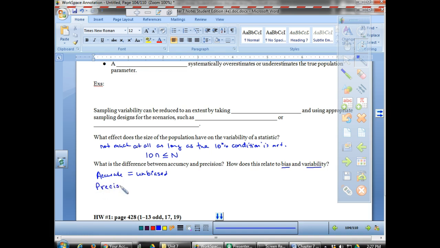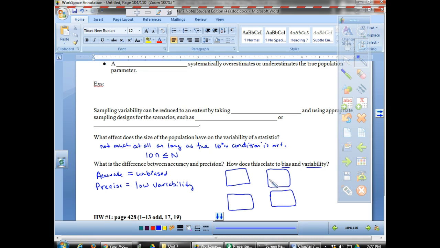Precise is addressing a different thing. Precision is like low variability. Okay, so we have a couple of scenarios. I'll draw this out for you. Pretend you have a bullseye and you're trying to hit the bullseye.